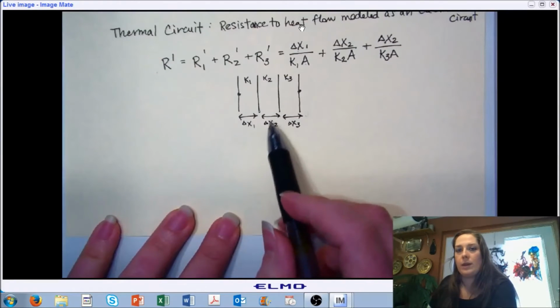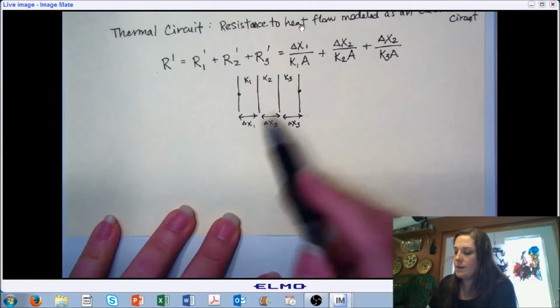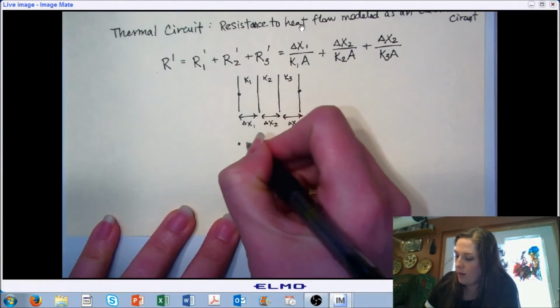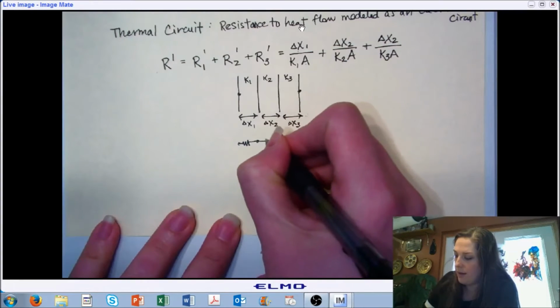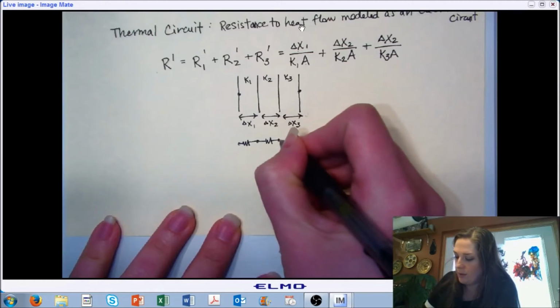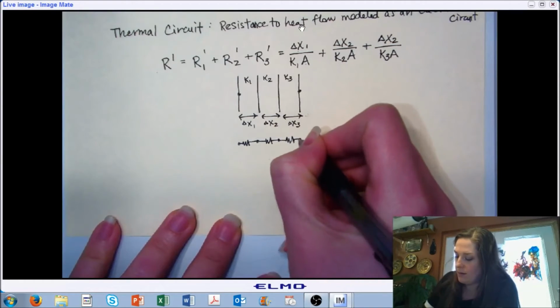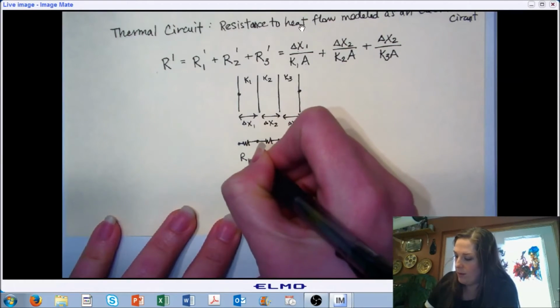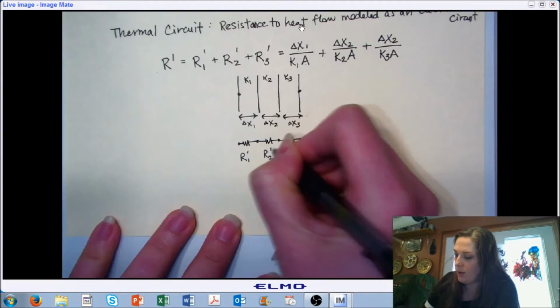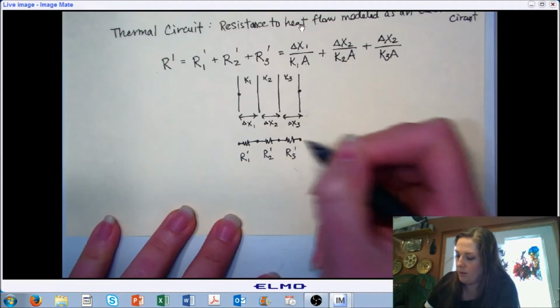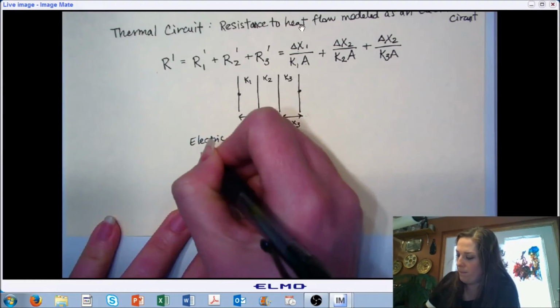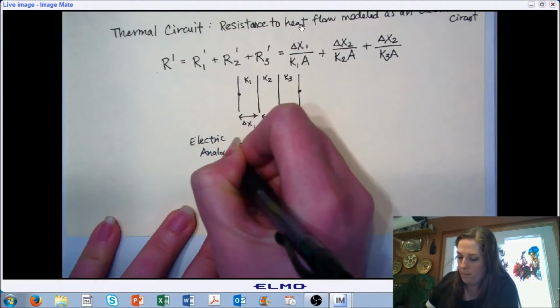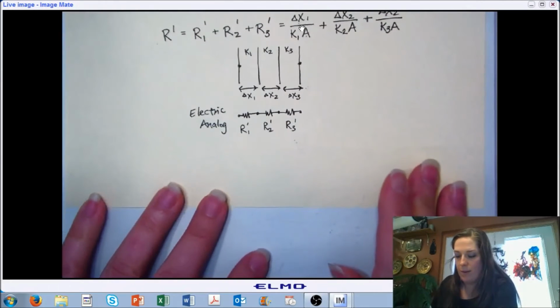And where we're really going with this is we can represent this as what we call a thermal circuit, which is kind of analogous to representing electrical circuits. Where this is our R1, this is our R2, and this is our R3. All right.